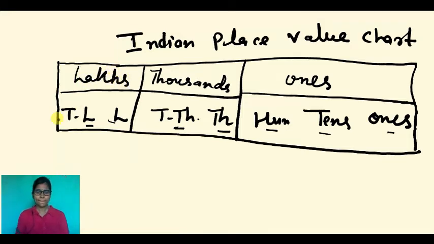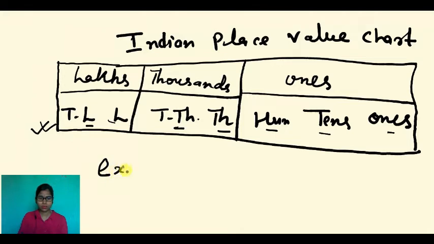Okay, so I hope you are understanding the topic. This is the place value chart. You can draw it in your rough notebook, and remember that you read a number from the right side, by counting ones, tens, 100, 1000, 10,000, lakh, 10 lakh.